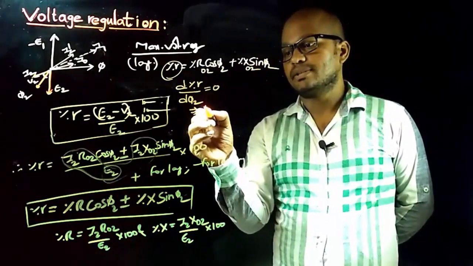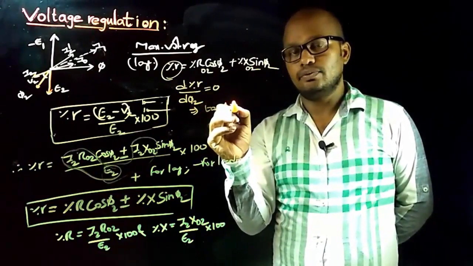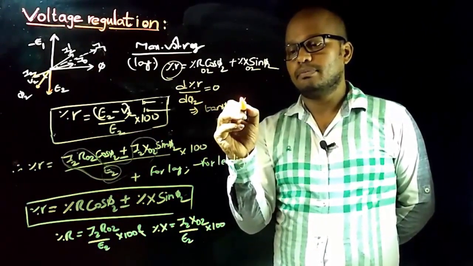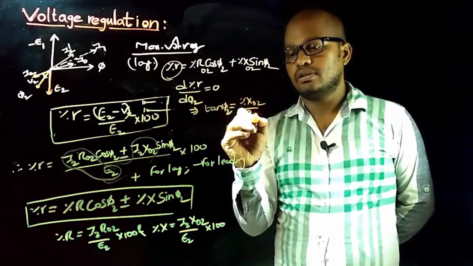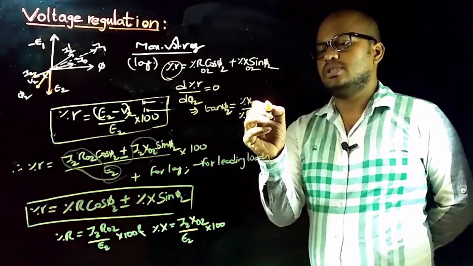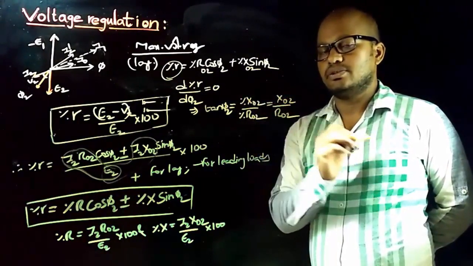Which implies tan phi 2 is equal to percentage X02 by percentage R02, which is equal to X02 by R02.